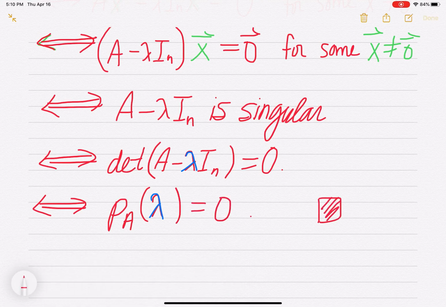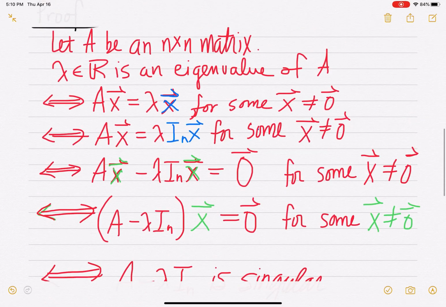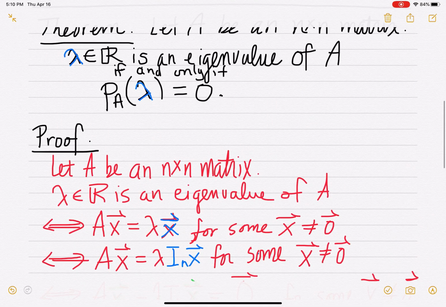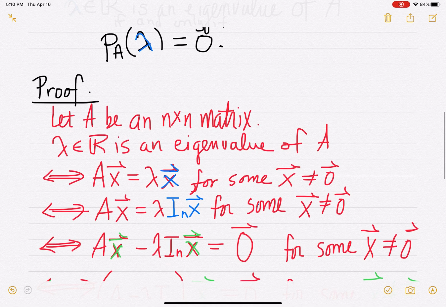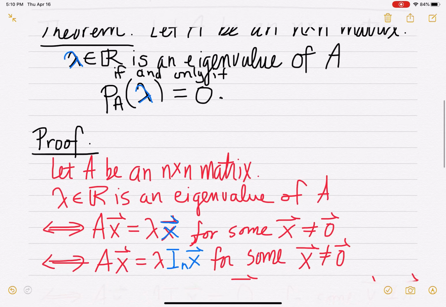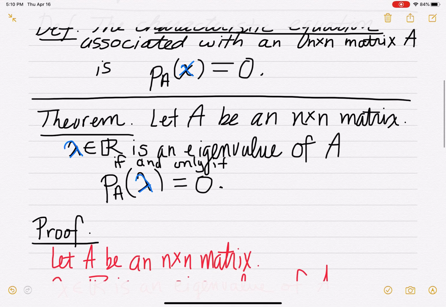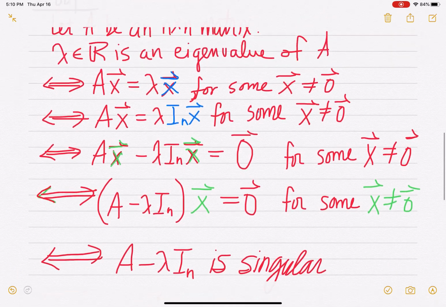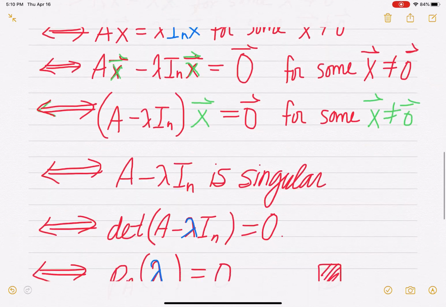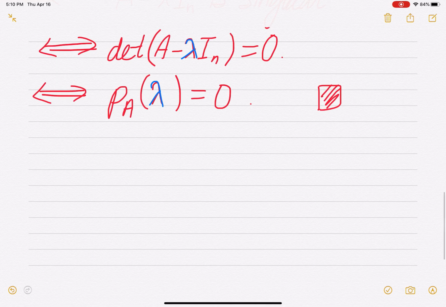So that's what we wanted to show, right? We wanted to show that lambda is an eigenvalue of A if and only if you take the characteristic polynomial and evaluate it at lambda, you get 0. And that's what we've done, right? We've shown lambda is an eigenvalue of A if and only if the characteristic polynomial evaluated at lambda gives you 0.